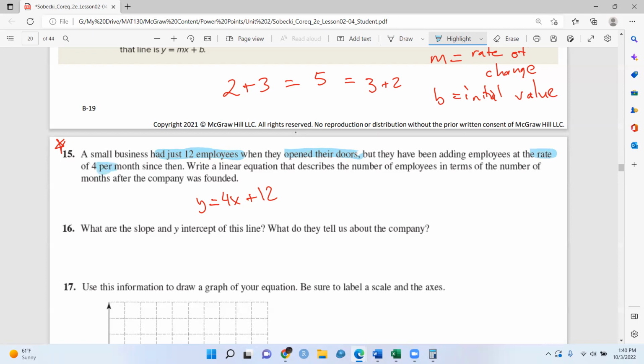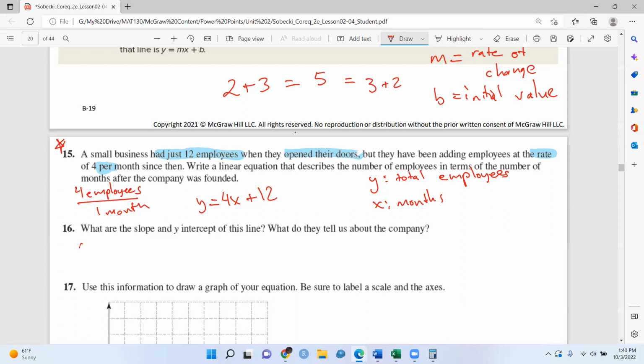So if I were to label everything here, y would be total employees, x would represent months, 4 is the rate of employees per 1 month, and then the 12 is the initial employees.